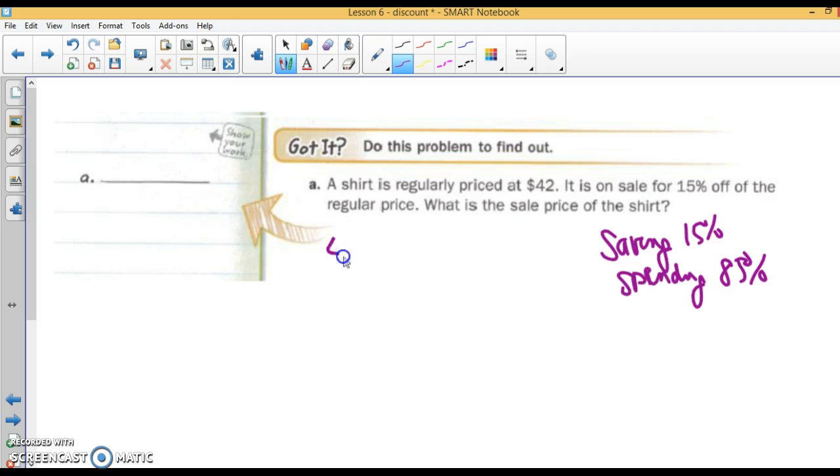So 42 times 0.85 gives me $12. This isn't right. I'm looking at the wrong problem here. 42 times 0.85 is $35.70. That's our sale price.